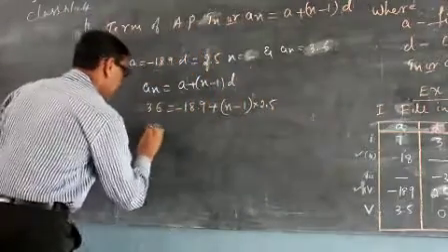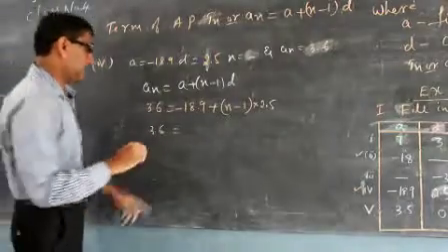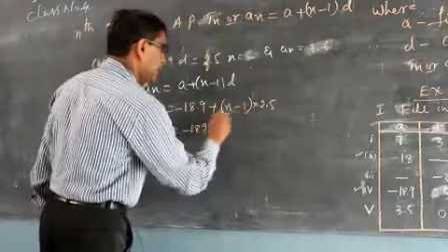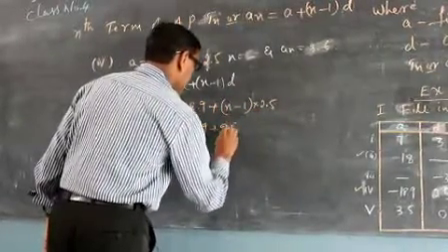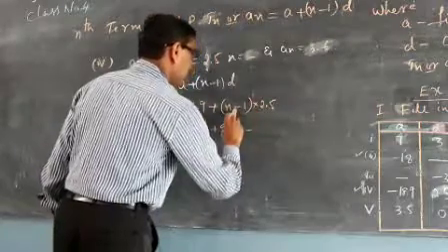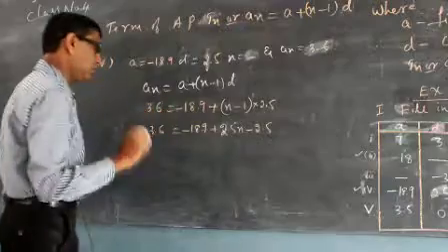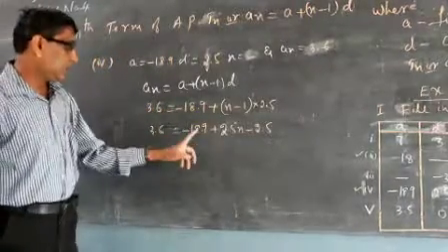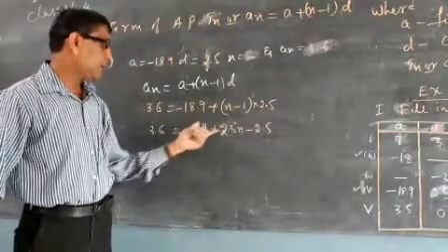Now 3.6, only one term is at the left hand side, right? 3.6 is equal to minus 18.9 plus, multiply these two, 2.5 into n, 2.5n, minus into minus 2.5. Okay, now what we have to do, left hand side is only one term. Look at this, minus 18.9 and 2.5, these two are the terms and both are decimal numbers.